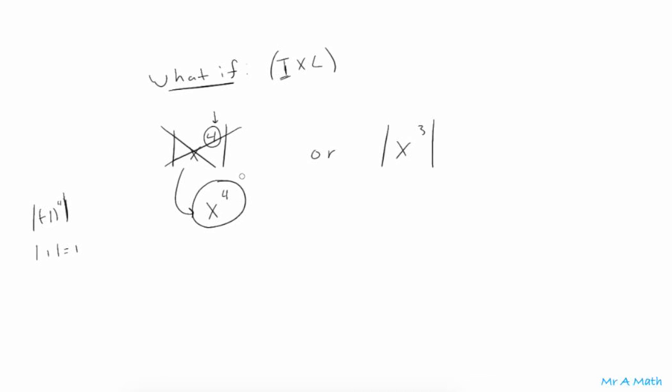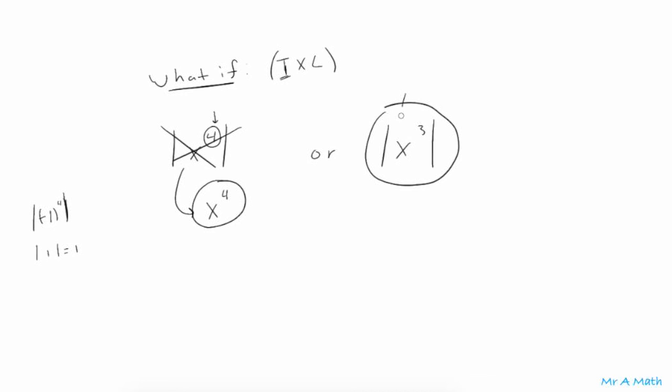And if that's the case, any even number as an exponent will always give you a positive answer, so you don't need the absolute value symbol. However, when you come over here, my final answer as the absolute value of x to the third is the complete answer because my x to the third is an odd power.